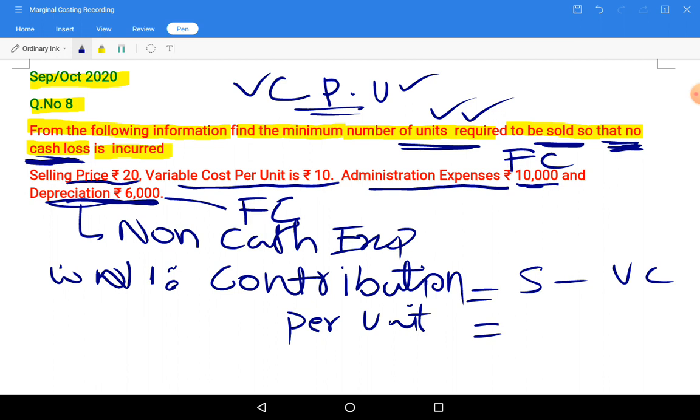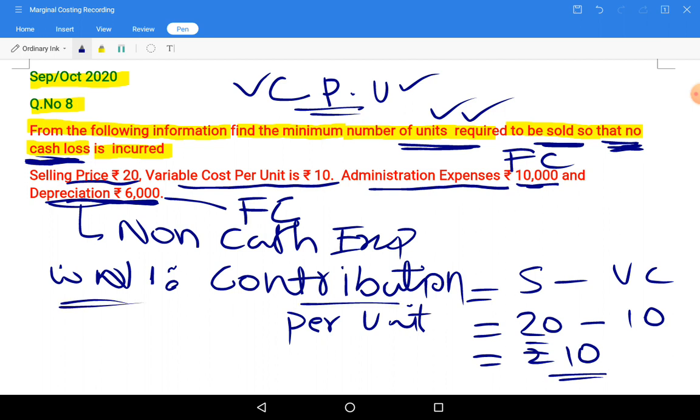Selling price is given 20, variable cost given 10. So it will be contribution rupees 10 per unit. So the first thing I have got under working note 1 is contribution per unit. After doing that, then I'll calculate cash BEP in units. Okay, so let us see that one.